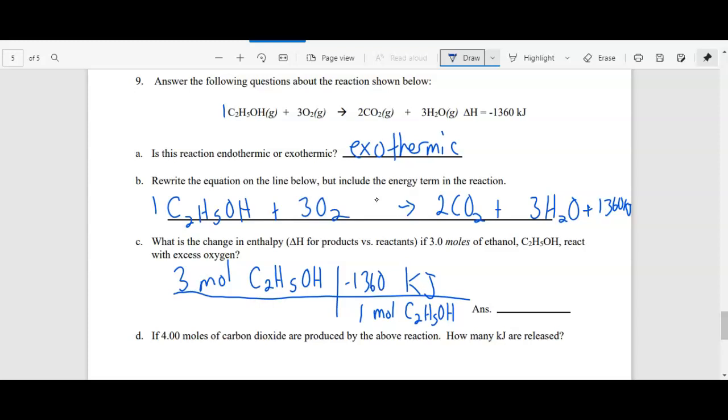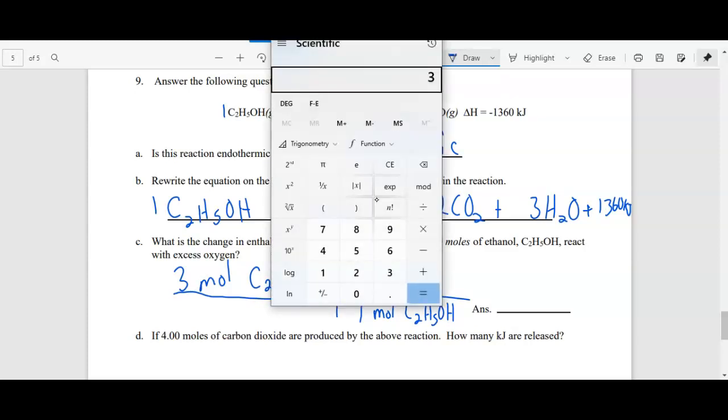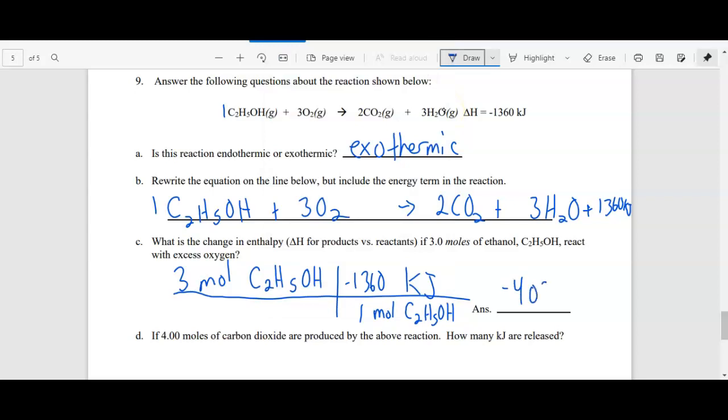We'll multiply that top, divide by the bottom, so it's 3 times 1,360 kilojoules, but it is negative. Our final answer on that one would be negative 4,080 kilojoules. Just like that.